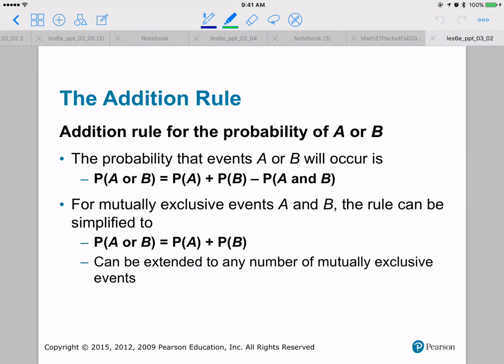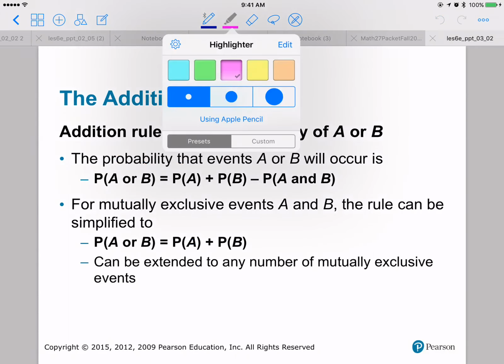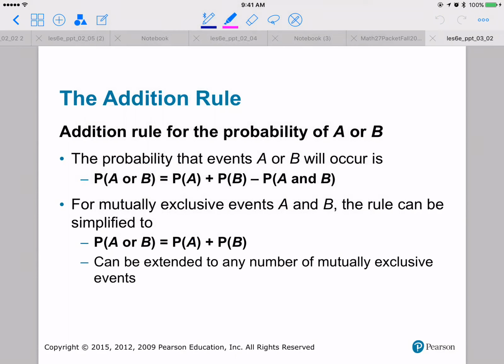Let's go to the next slide here, which is actually going to give us our formulation for the addition rule. Okay, so the addition rule, the probability that events A or B will occur, this is our general formula, is that the probability of A or B is equal to the probability of A plus the probability of B minus the probability of A and B. Now, if A and B are mutually exclusive, then we've got this simplified version.